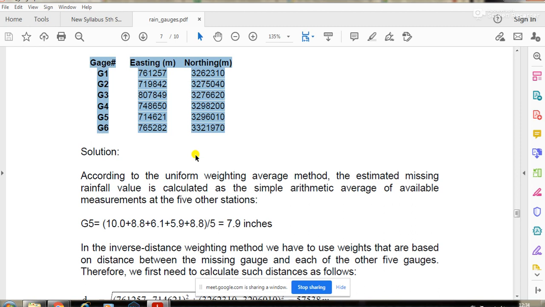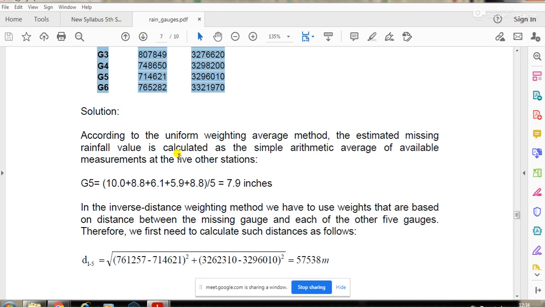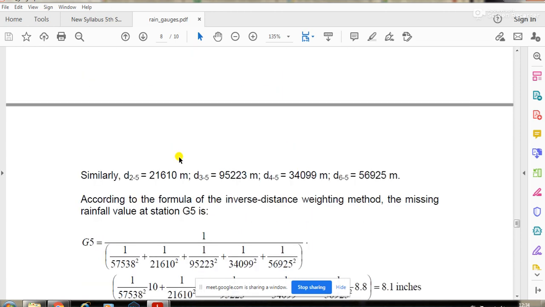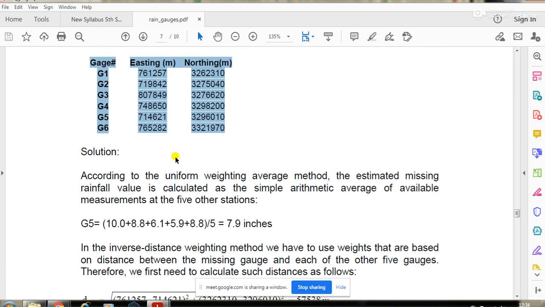So from there you will need to calculate the distance between the individual stations, from 1 to 2, from 1 to 3, from 1 to 4, 1 to 5, and 1 to 6, in this way. Now, in the given problem, they have asked to calculate the missing value of G5, the 5th station.